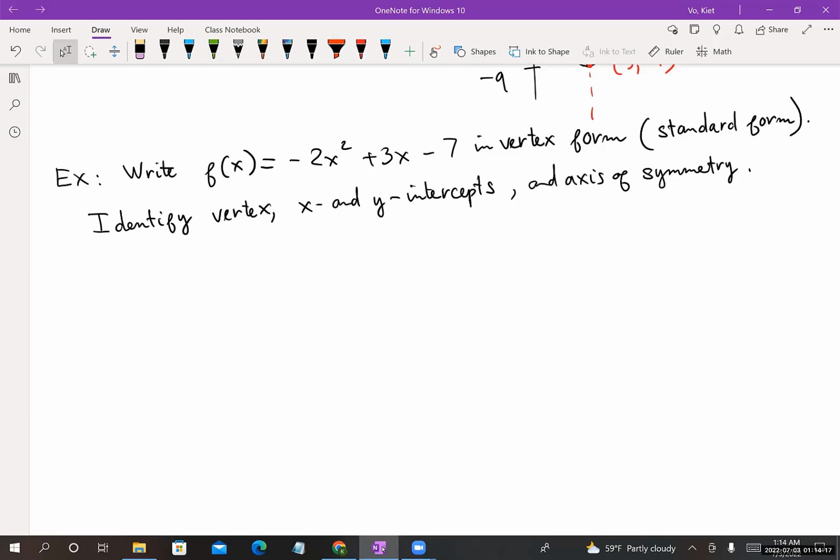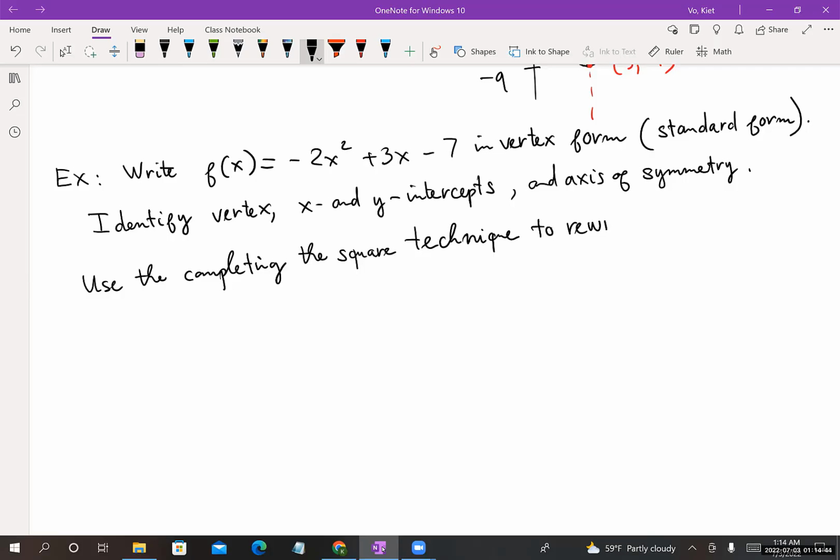So we're going to use the completing the square technique to rewrite f of x in vertex form.